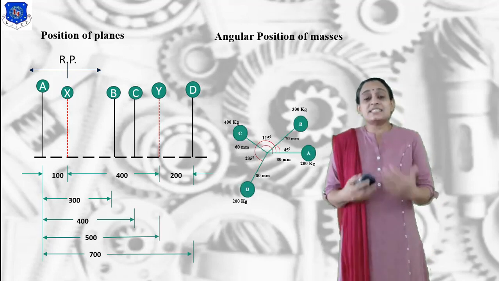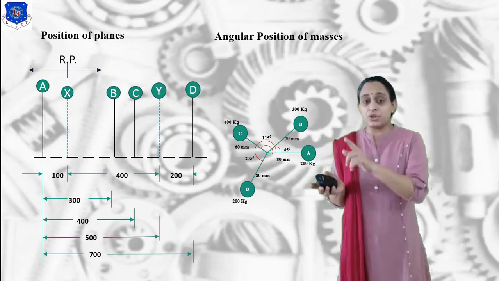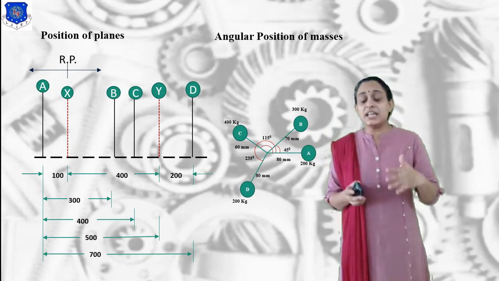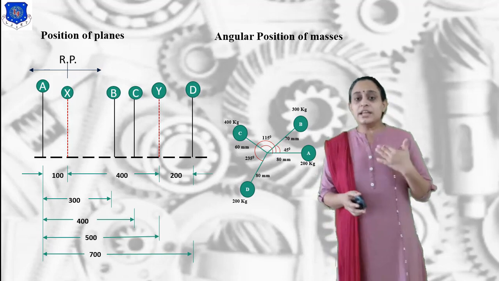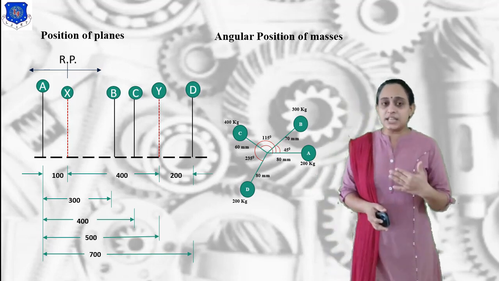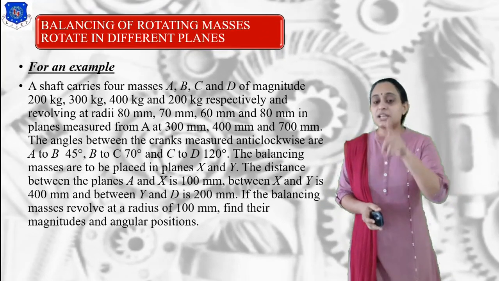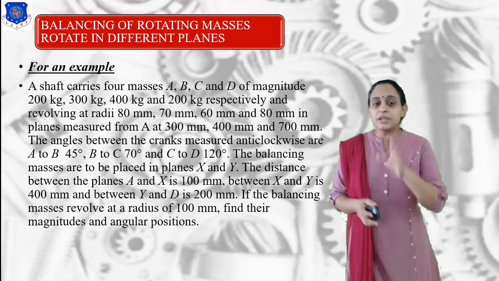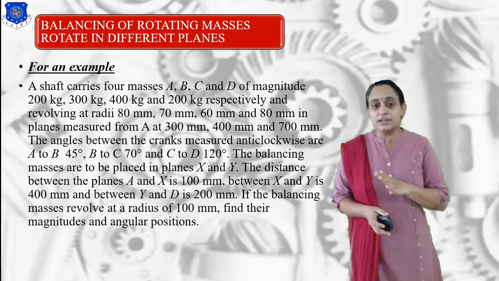As I discussed earlier, the angle between A and B is 45, B and C is 70 and C to D is 120 degrees. I repeat, A to B is 45, B to C is 70 and C to D is 120.